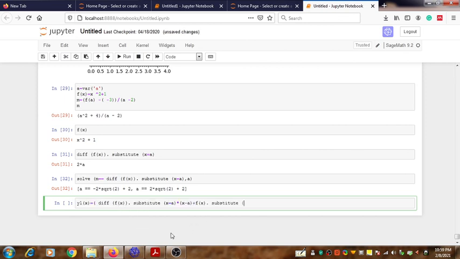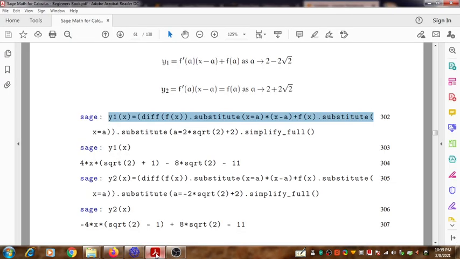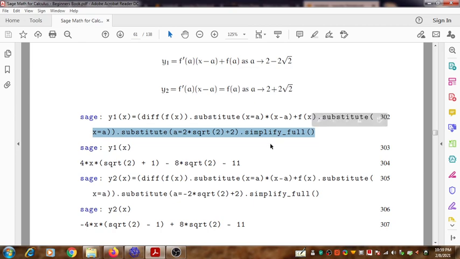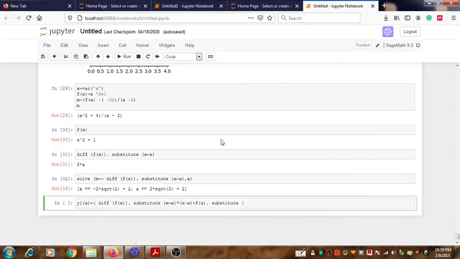The first one is named as y1. It's a very lengthy step, a very lengthy expression.